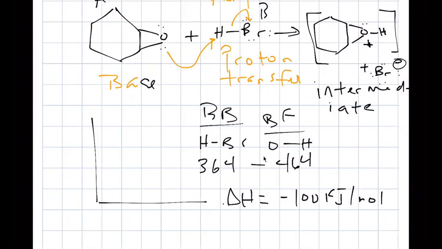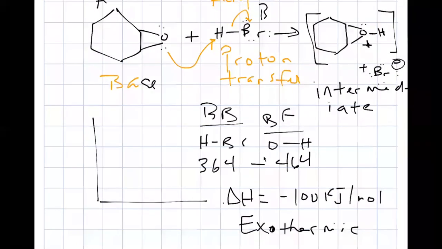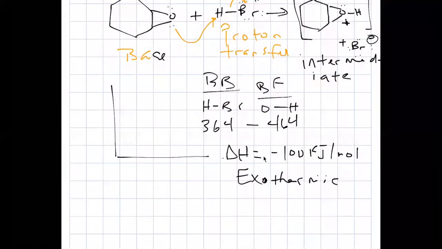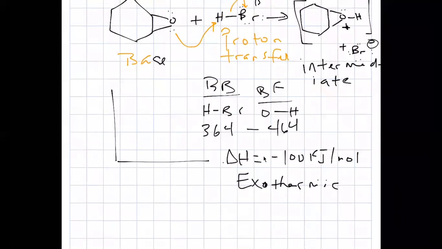And so if it's exothermic, right? What else does that mean? What other terms can we take from this? Delta G is negative. Mm-hmm. Okay, I agree.